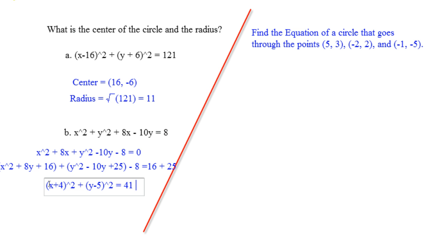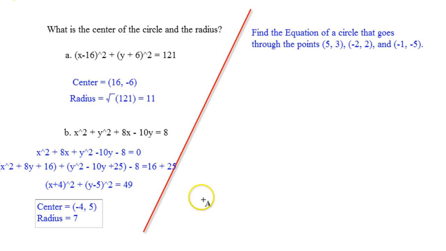And then I'm going to add 8, and that's going to become 49. And the center is going to be (-4, 5). And yes, the h always goes with the x, and the k always goes with the y. And the radius is going to be 7, because it's the square root of 49.